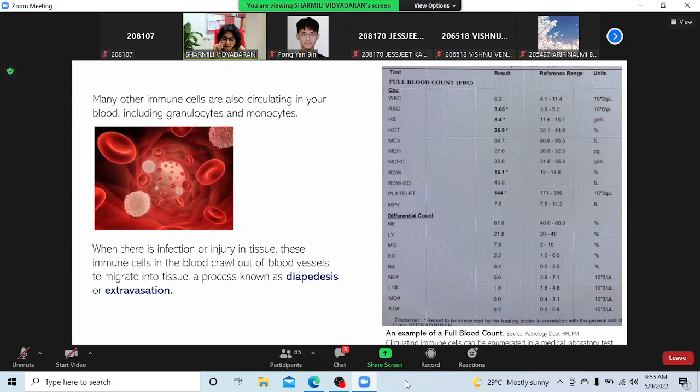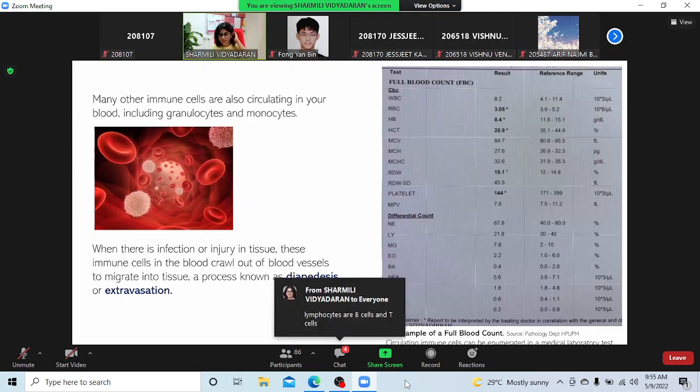So I use the word lymphocytes. Lymphocytes is a general word. Do you know what cells are considered to be lymphocytes? The B cells and the T cells. Very good. Lymphocytes are B cells and T cells. I put it in the chat, yeah? Lymphocytes are also natural killer cells, but for now, let's just think about B and T cells, okay, guys?